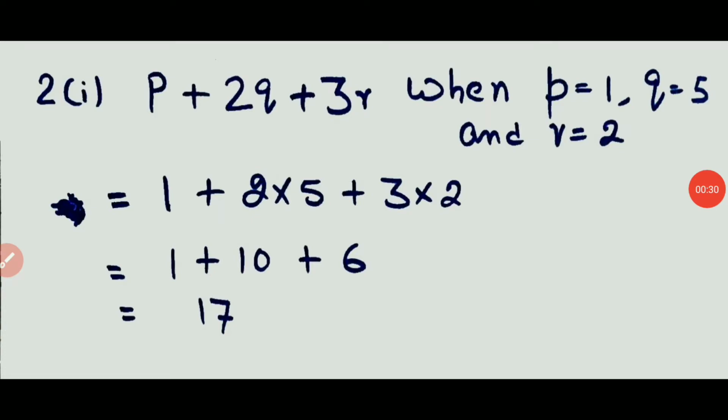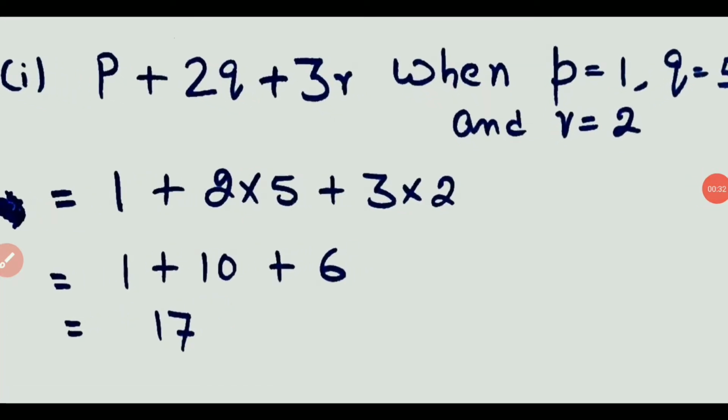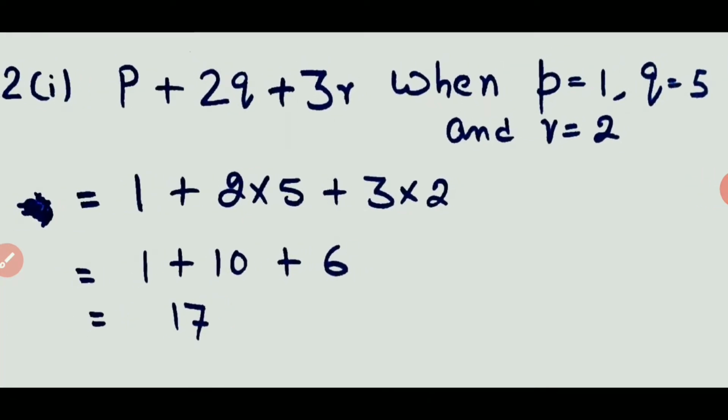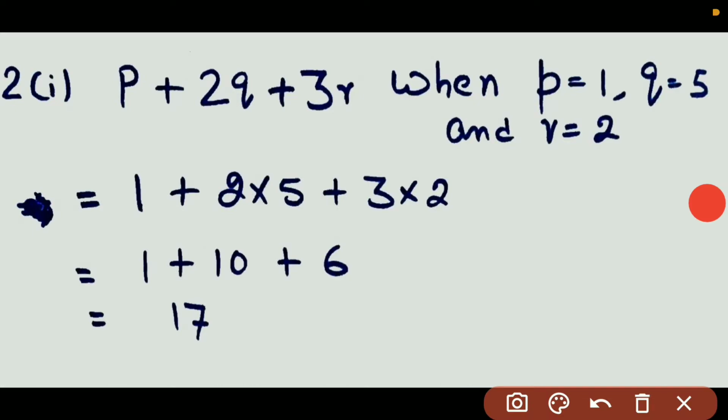So coming to its solution, which is p plus 2q plus 3r when p equals 1, q equals 5 and r equals 2. Now putting the values of p, which is 1, 2 plus comes here, 2 comes here, so q, the value of q is 5, so 2 into 5, so plus comes here and 3 comes here.